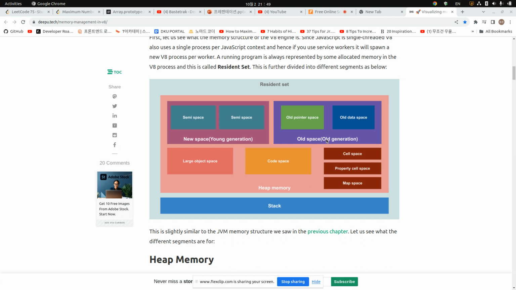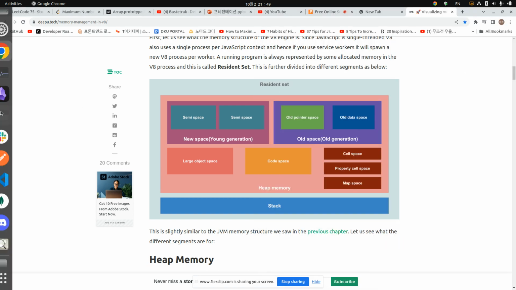It changed. There's no documentation of it, no big description of cell space, property cell space, map space, or code space, because the V8 engine is constantly developing, as it directly affects websites and browsers.